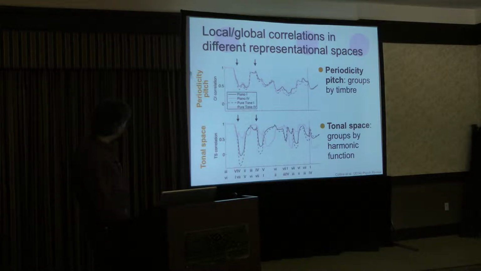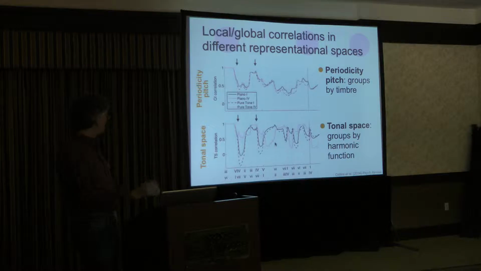When you now project these images onto the torus, the story completely changes. So now the grouping is by the shade of the line, which reflects the tonal function, rather than by the timbre. So both pure tones and piano timbres are grouping together here, and they're grouping together here, but now the grouping is by whether it is the tonic or the subdominant.